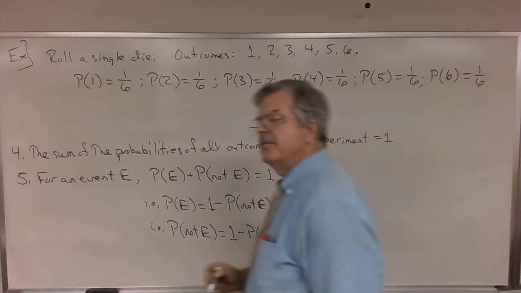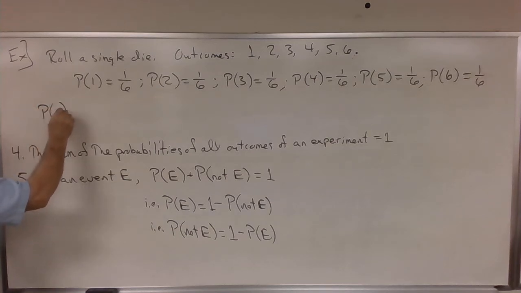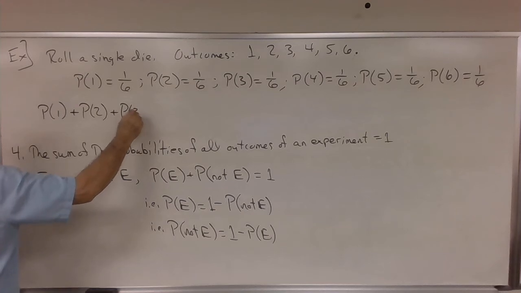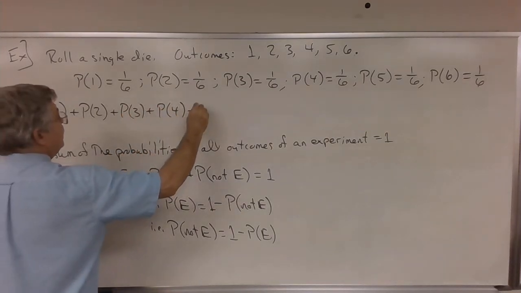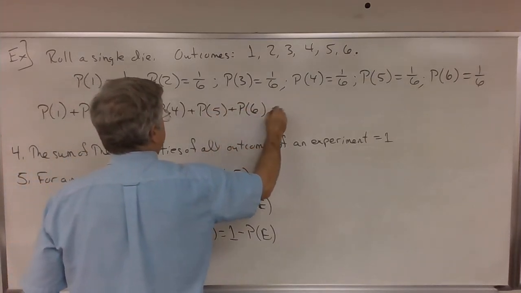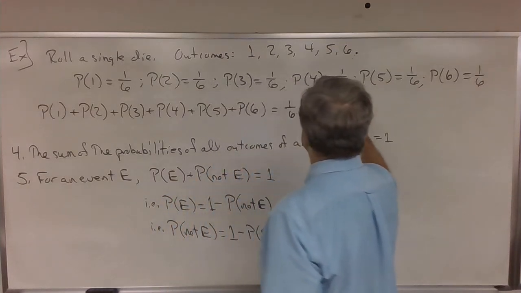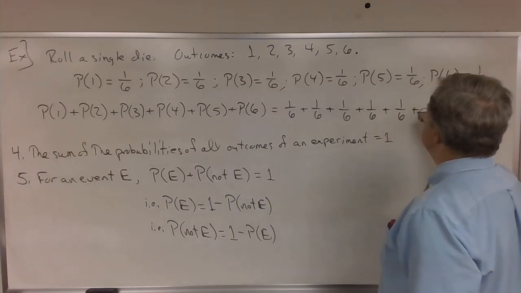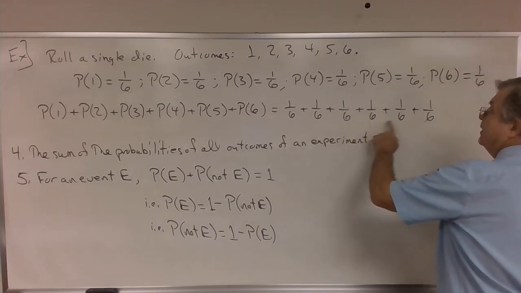So what's the sum of the probabilities here? If we take the sum of the probabilities of each of these outcomes, we're going to get 1/6 plus 1/6 plus 1/6 plus 1/6 plus 1/6 plus 1/6, 6 times.